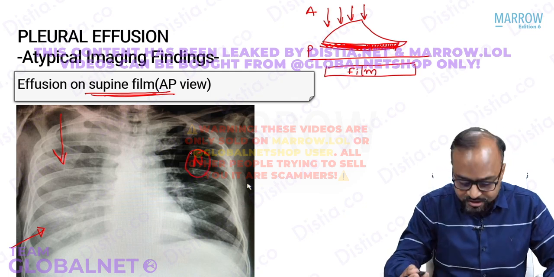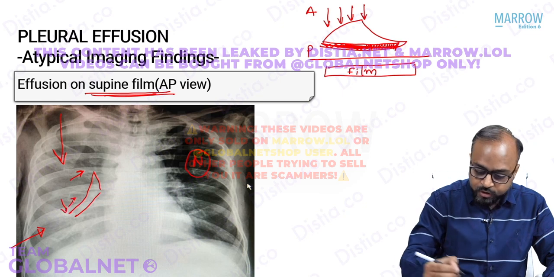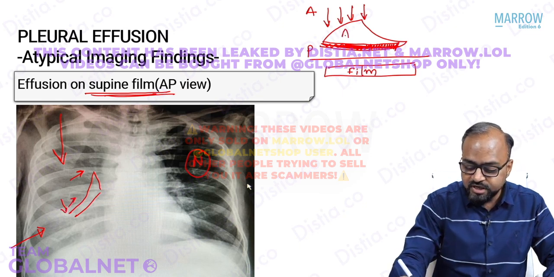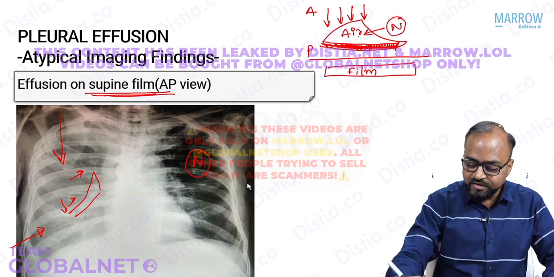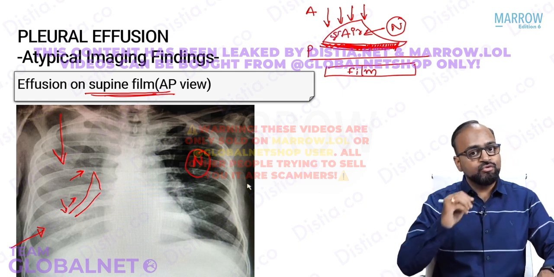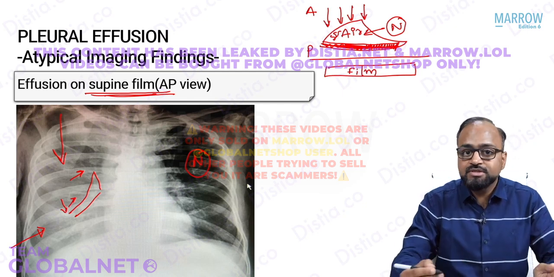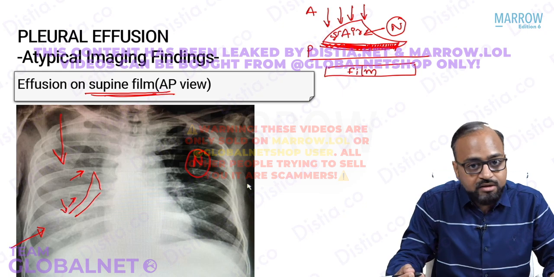Though the density is increased, if you watch carefully, it is these vascular markings which are still visible within the lung field, because this lung which lies anterior to this fluid level is normal lung and it contains air within it, and therefore the blood vessels within the normal lung are lined by air, and therefore you can see these vascular markings.